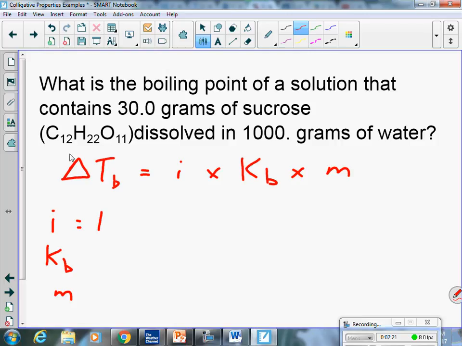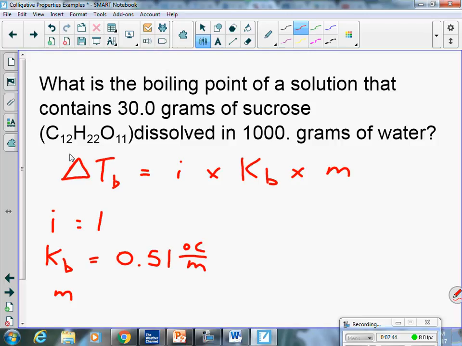The Kb, the boiling point constant for water, is going to be equal to 0.51 degrees Celsius per molal. Where did I get that? I got that from the chart that has molal freezing point and boiling point constants on it.